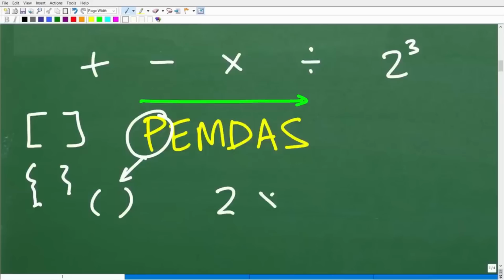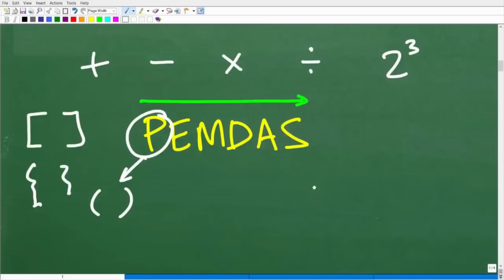So if you have like 2 times 3 minus 1, I can group any two numbers together differently. I could be like, well, I'm going to do this, or maybe I want to group these numbers like this, okay? So grouping symbols definitely affect the outcome in terms of the correct order of operations, so we need to be on the lookout for parentheses or grouping symbols, which include these brackets and these brackets.